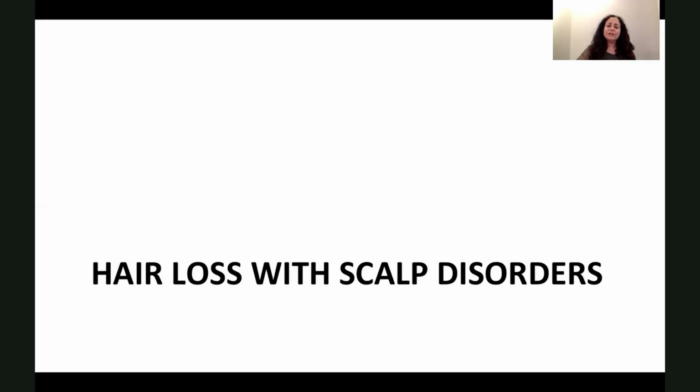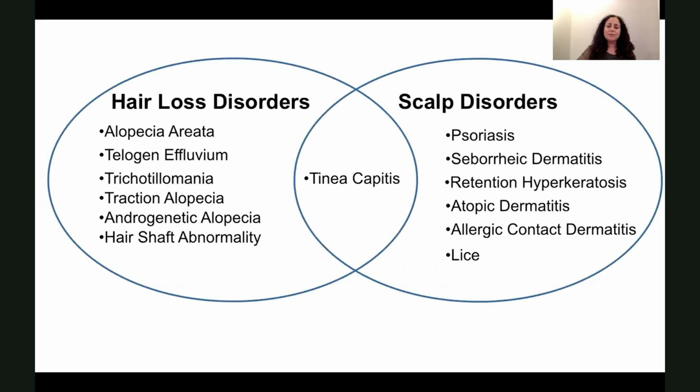Let's look at hair loss that also occurs with scalp disorders. So we talked already about conditions such as atopic dermatitis and lice. If the scalp is very itchy, there can be a secondary frictional alopecia. Psoriasis and seborrheic dermatitis don't classically have hair loss at all.